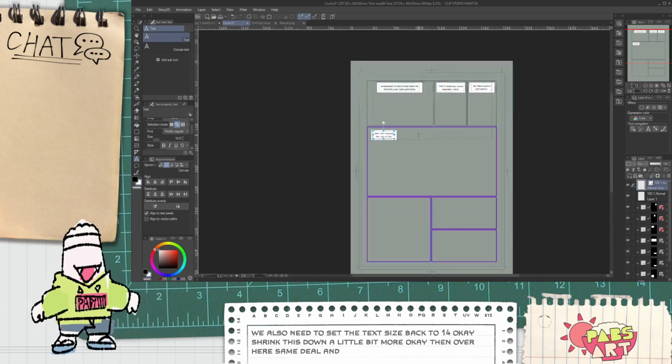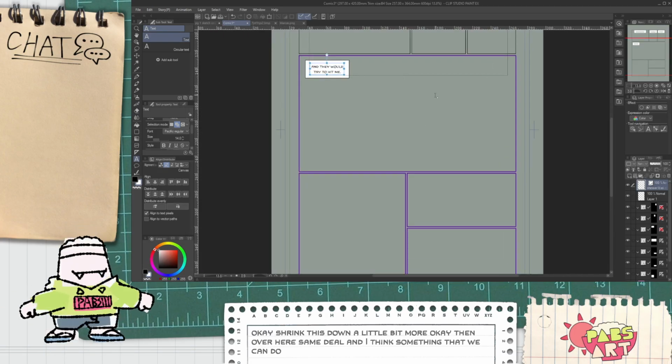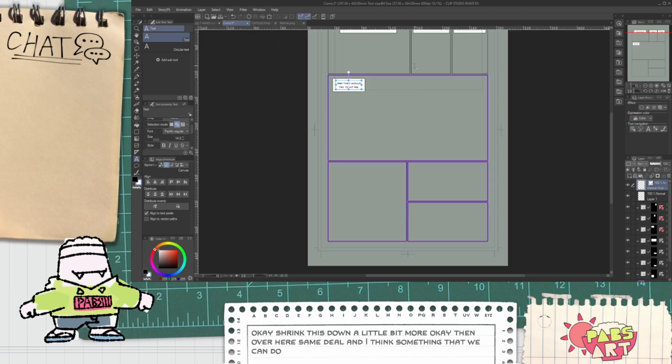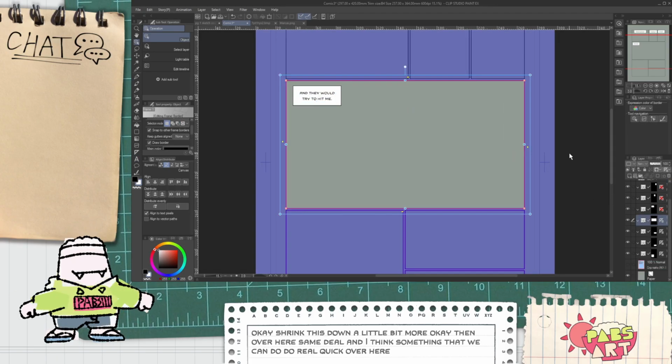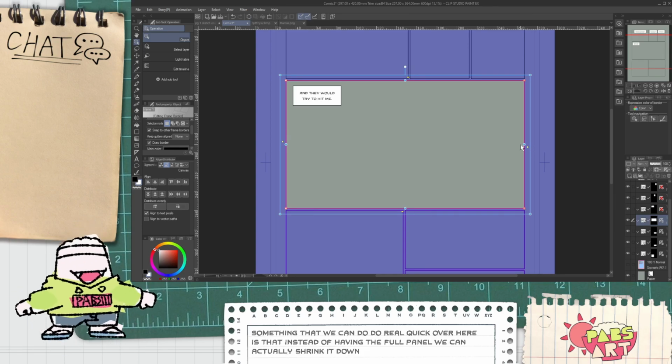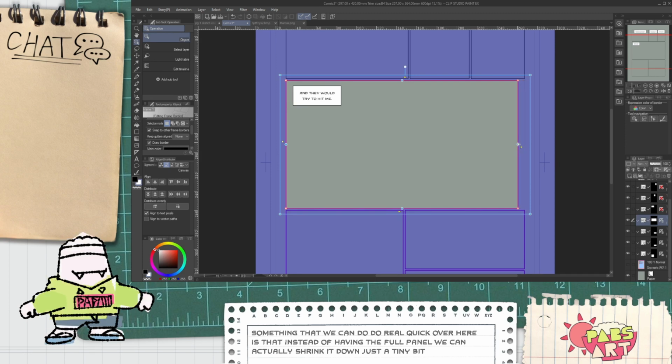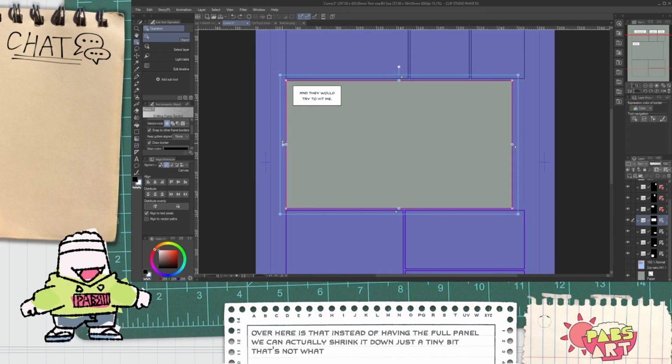And I think something that we can do real quick over here is that instead of having this full panel, we can actually shrink it down just a tiny bit. That's not what I meant to do with that.